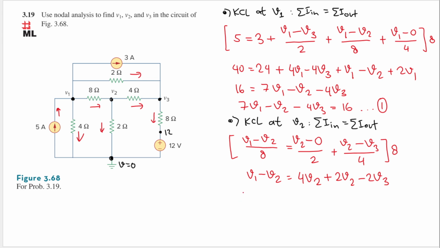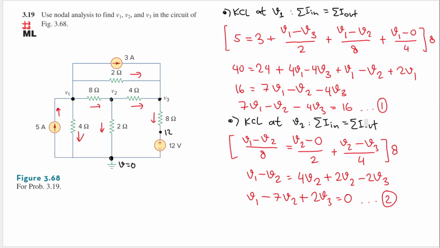Good. Now let's move all to the left hand side: V1, and then minus 1, minus 4, minus 2, that will be minus 7V2, and then plus 2V3. All of that will equal 0, and this is equation number two.